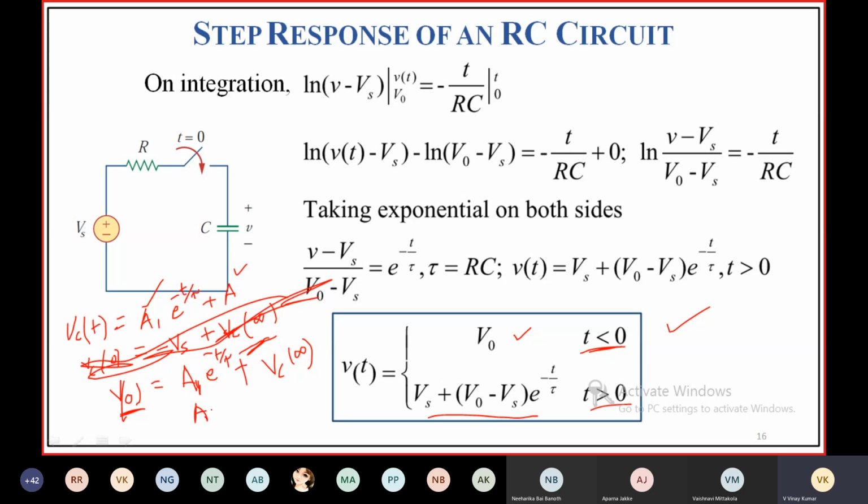Then what will be A1? A1 is equal to v of 0 minus Vc of infinity.